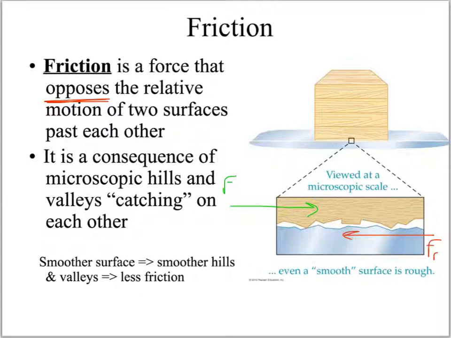A certain amount of it acts to resist your force, and if your force is great enough, it'll overcome friction and you'll finally get the box to move. But friction is a resisting force. If you don't have an applied force, you don't have a resisting force. But as soon as you start applying a force, the friction force comes in and acts against it up to a certain point.